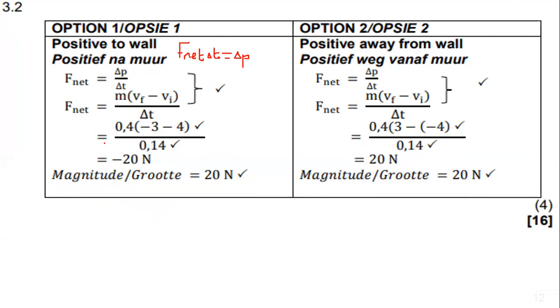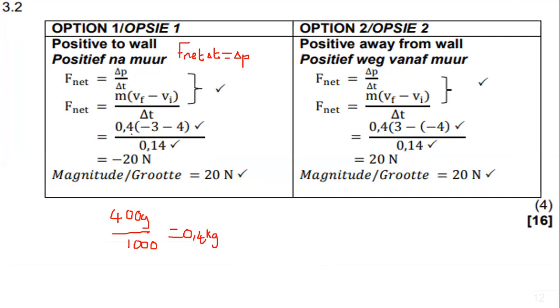This is going to be equal to, remember the mass was 400 grams. So if it is 400 grams, it means I need to take it to kilograms. So I need to divide that 400 grams by 1,000, and it will be 0.4 kilograms, because remember our formula wants us to substitute the mass in kilograms.